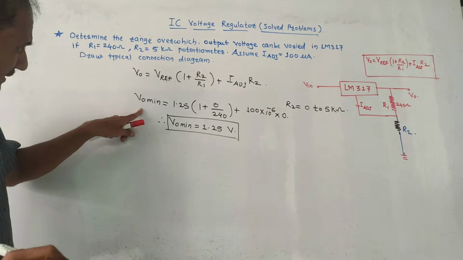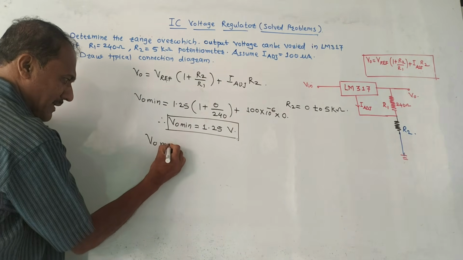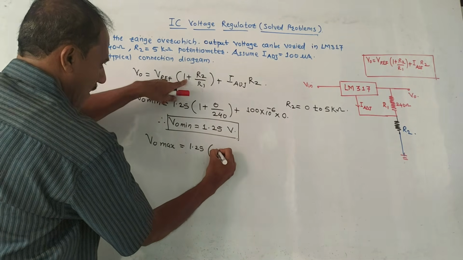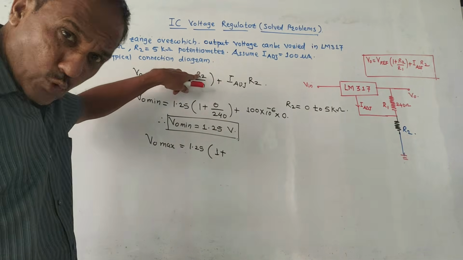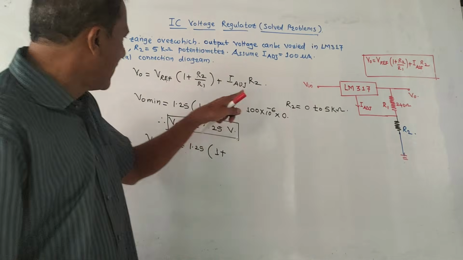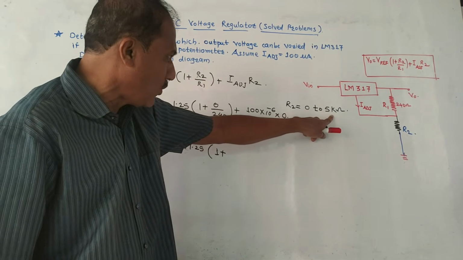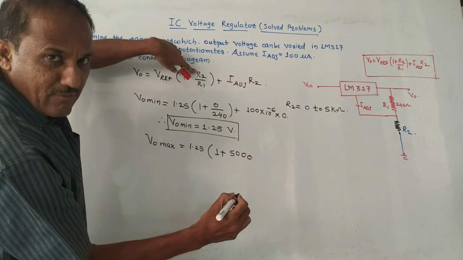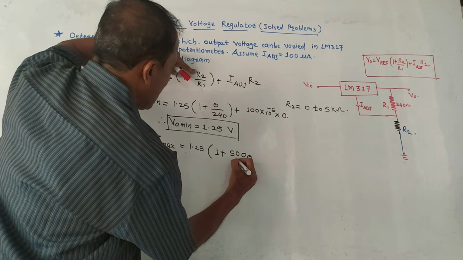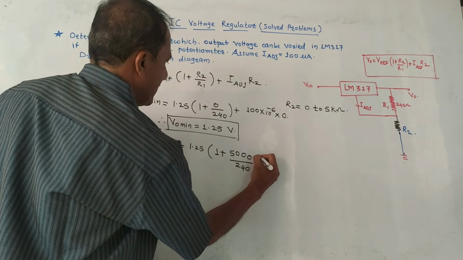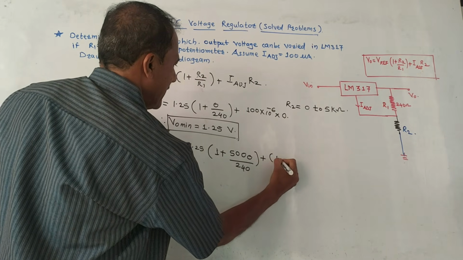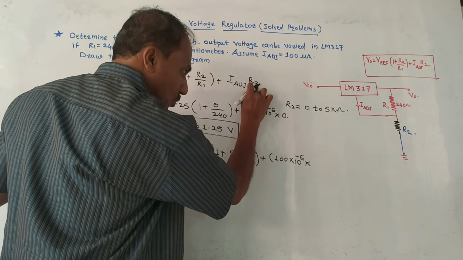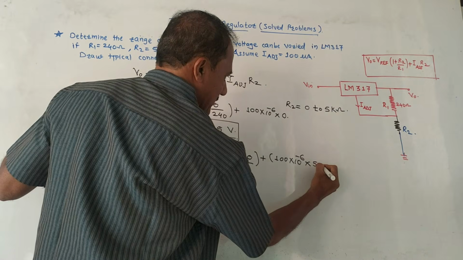Same way we will calculate the value of V0 maximum. Same logic has to be used. Look, for V0 maximum, this V reference 1.25 as it is, 1 plus. Now wherever there is the value of R2, we have to put the R2 maximum value. R2 maximum value is 5 kilo ohm, so it is 5000. In the formula, wherever R2 is, put the value of R2 maximum, which is 5000 upon R1, that is 240, plus I adjustment 100 microampere, meaning 100 into 10 raised to minus 6 into R2. R2 is again R2 maximum, which is 5000.